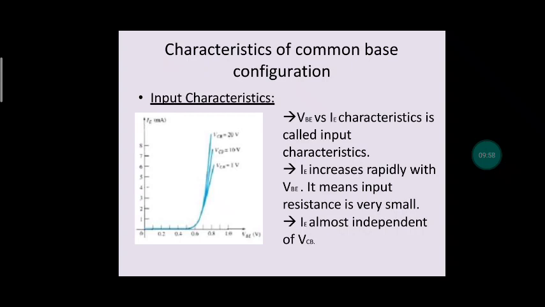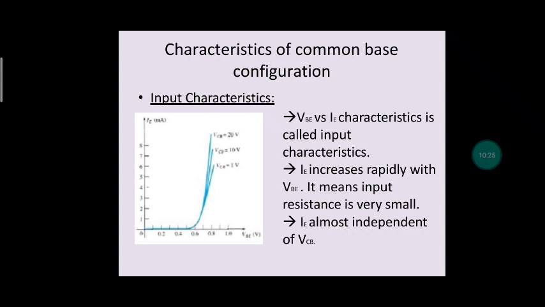This is the input characteristics of the common base configuration. Here the x-axis shows voltage and the y-axis shows current. The graph increases steadily: when we increase the voltage, the current also increases. When we apply some voltage to the PNP transistor, the current value increases rapidly, step by step.